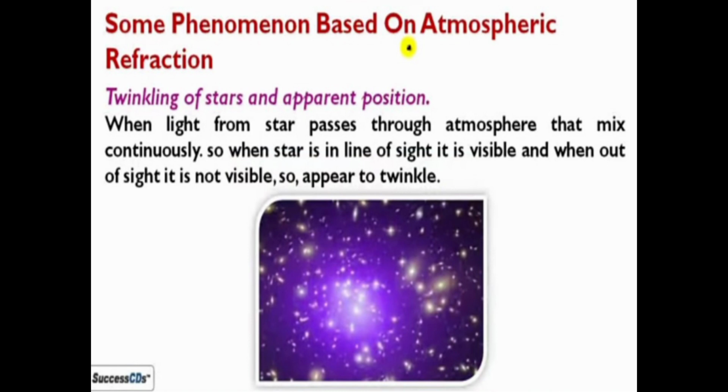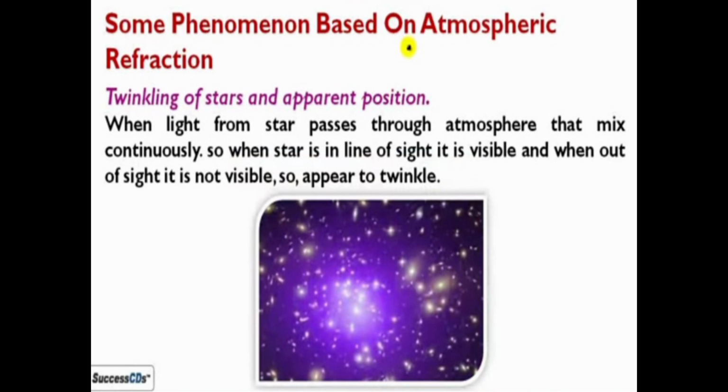Atmospheric refraction occurs in a medium that gradually changes, and due to this, the atmosphere bends the starlight towards the normal.